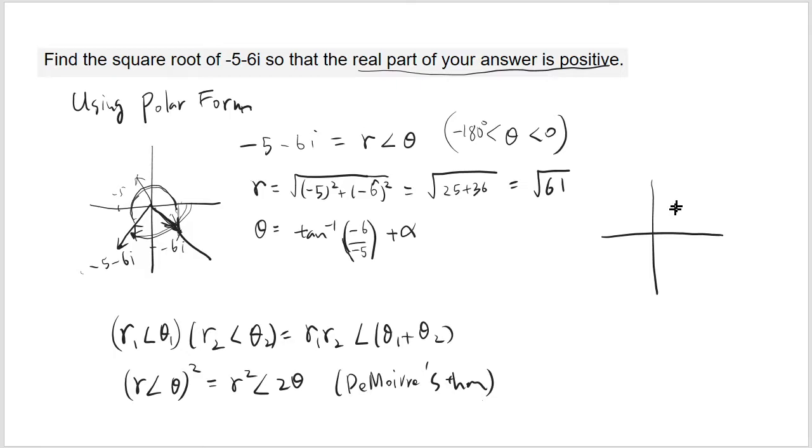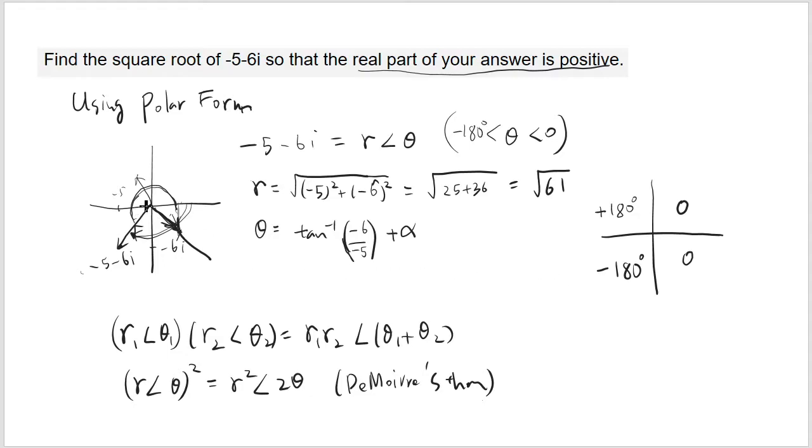If you have anything on the right side, you don't have to modify, but the tangent inverse has a blind spot. It doesn't give you the correct answer if your number falls on the left side. So if it's in the second quadrant, you should be adding 180 degrees, whereas if it's in the third quadrant, you should subtract 180 degrees.